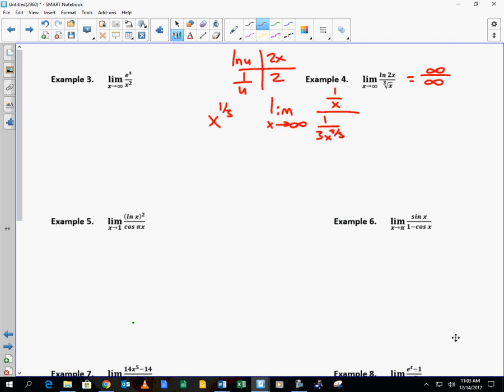Okay, I should probably simplify that, right? So what are you going to do? So 1 over x times 3x to the 2/3 over 1. So I'm going to end up with a 3 in the numerator.